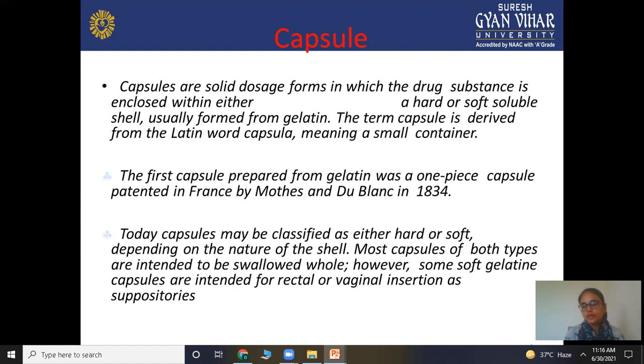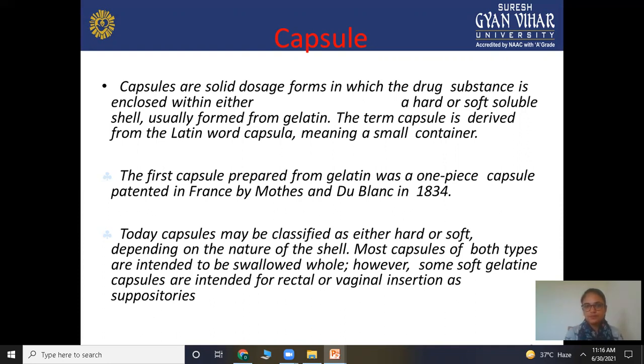So a capsule is mainly defined as a solid dosage form in which the drug-containing formulation is enclosed, and the drug may be enclosed in a soft shell or a hard soluble gelatin shell. The shell is usually formed from gelatin and contains the drug or medicament.